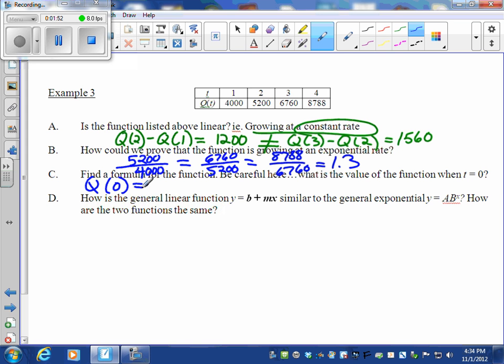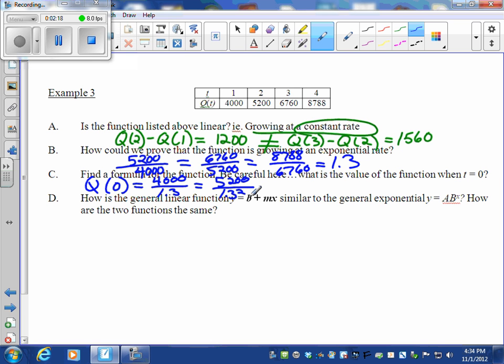Well, to go forward, I multiply by 1.3. What do I do to go backwards? What if I took 4,000 and divided by 1.3? Or what if I took 5,200 and divided by 1.3 twice? Or what if I took 6,760 and divided by 1.3 3 times?